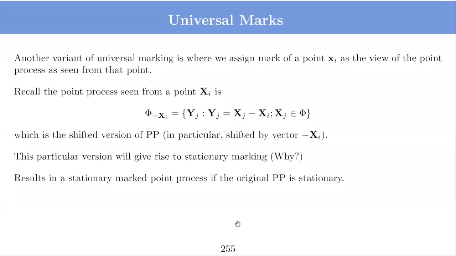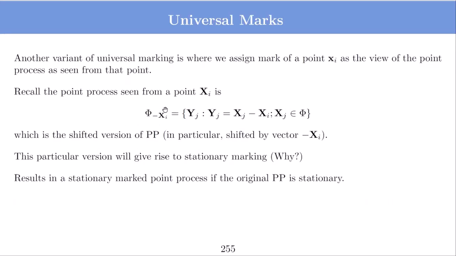Okay, since if I know x1 and x2 and I know the phi as looked from x1, I can definitely compute how phi will look like from x2. Right, so inherently they are not different. It's just that I'm going to assign a different version of the same object. So recall the point process can be seen from point xi if we shift phi by minus xi.